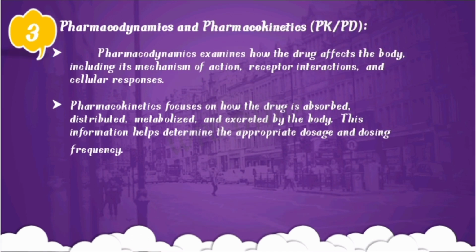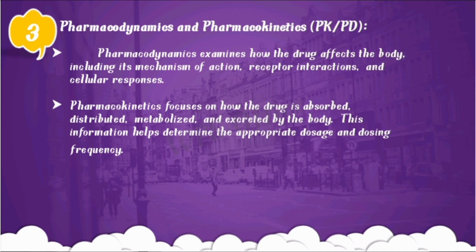Pharmacodynamics is how the drug reacts with the body, including its mechanism of action and cellular response. Pharmacokinetics is how the body reacts to the drug, focusing on how the drug is absorbed, distributed, metabolized and excreted by the body. This information helps to determine the appropriate dosage and dosing frequency.